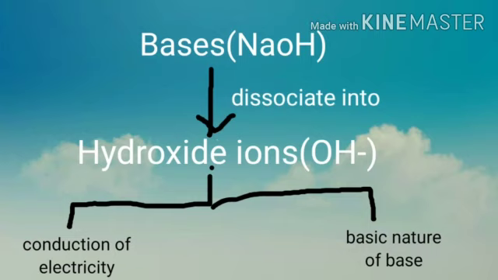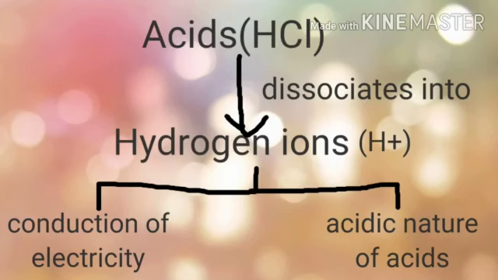Similarly, it will be in the case of acid. In the experiment we have taken hydrochloric acid solution. In the solution, hydrochloric acid also dissociates into ions. These hydrogen ions produced in the acid are responsible for the conduction of electricity, as well as the acidic nature of the acid, which is also due to these ions.